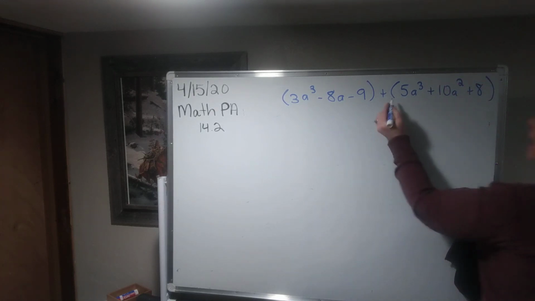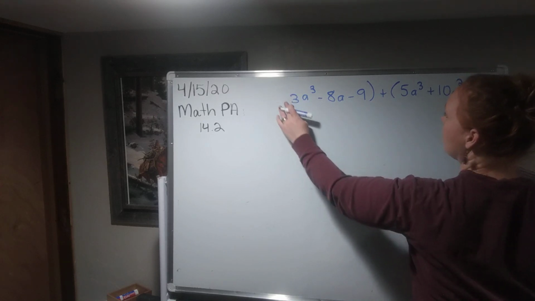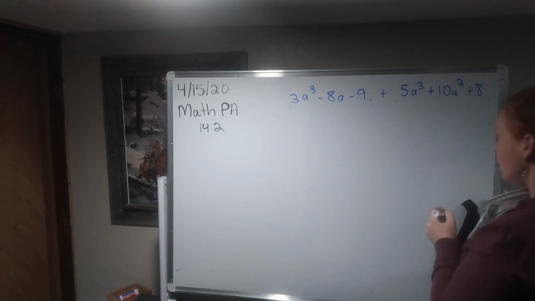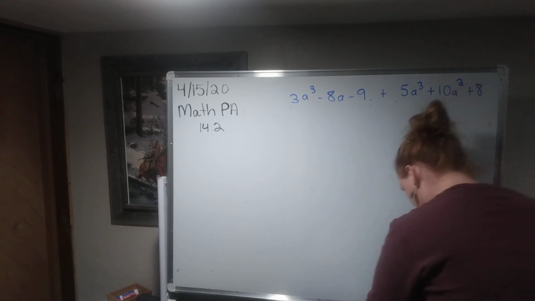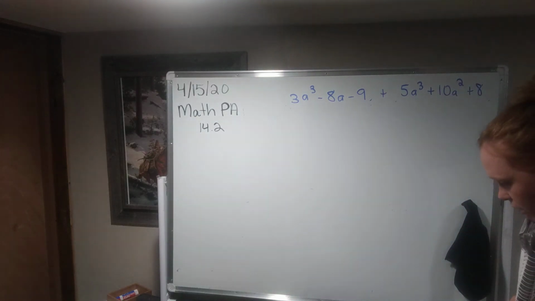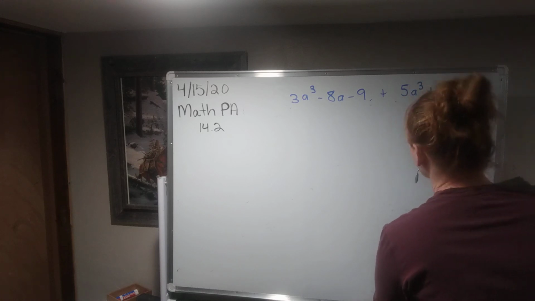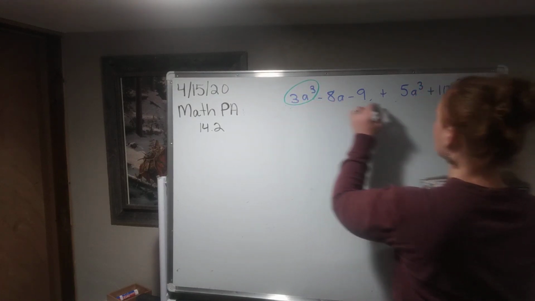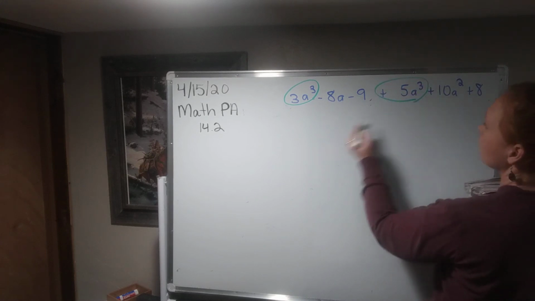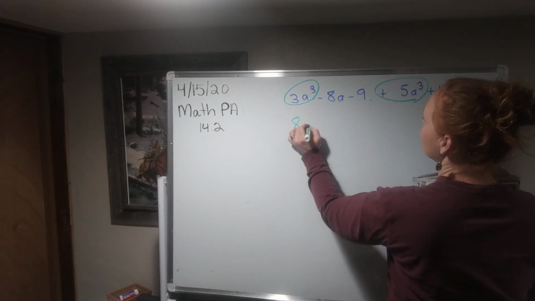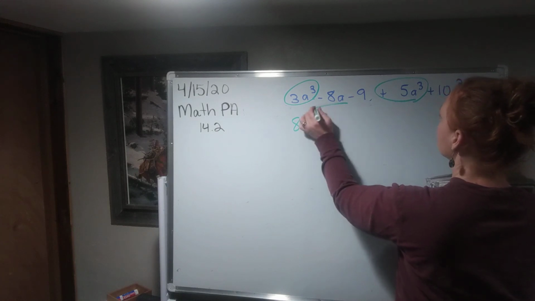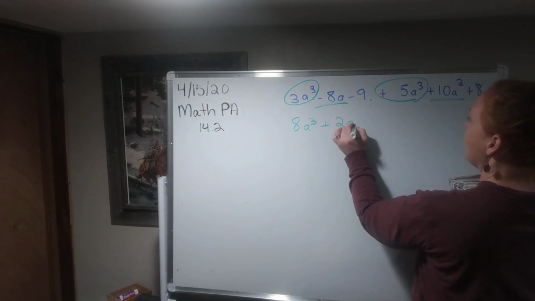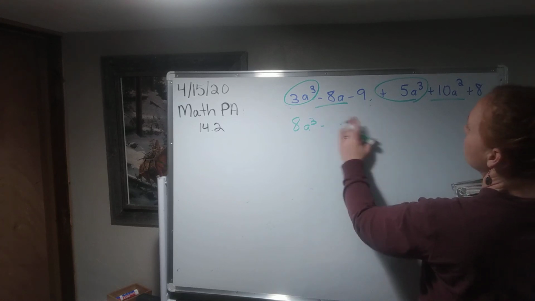Okay, I'm adding again, so I'm going to drop these. Okay, and I'm going to combine my terms. Okay, so that gives me 8a cubed plus 2a, oh, well, nope, I almost combined the wrong ones.